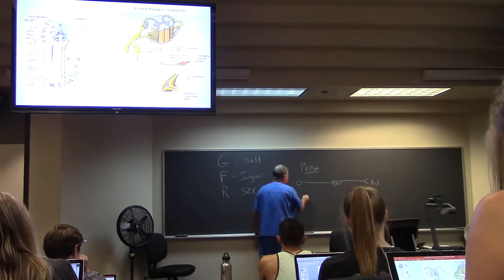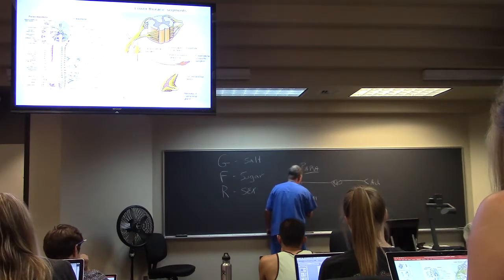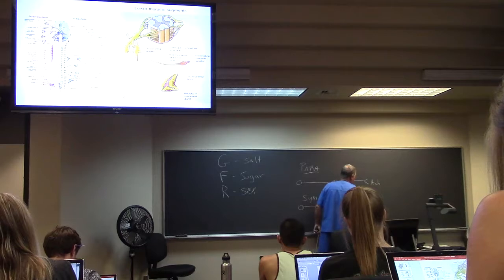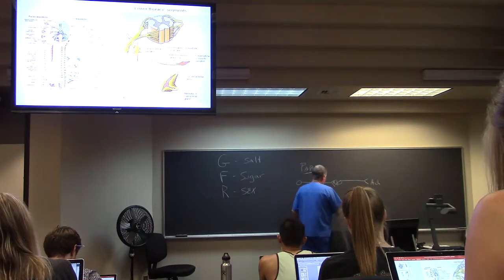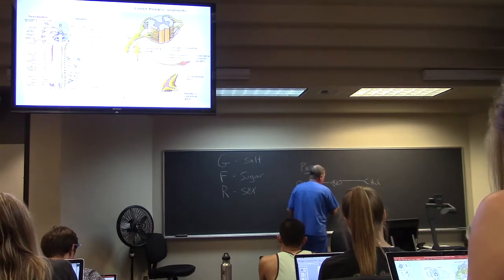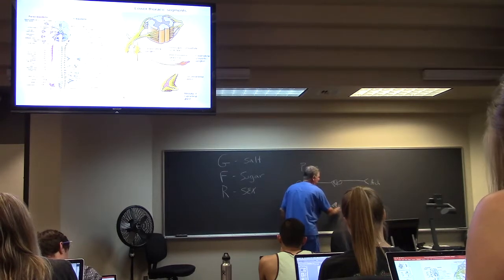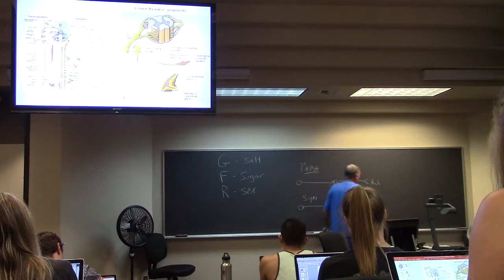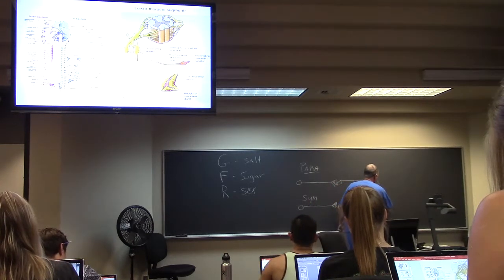When you're talking about the sympathetic nervous system, you've got preganglionics and postganglionics. The preganglionic still uses acetylcholine as a neurotransmitter. The postganglionic uses norepinephrine.